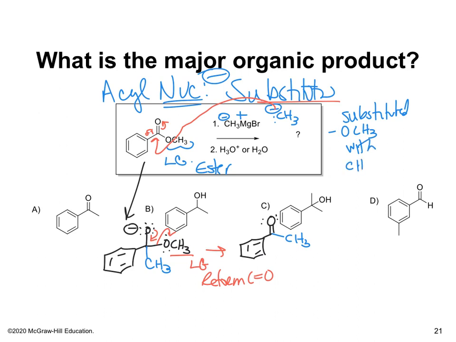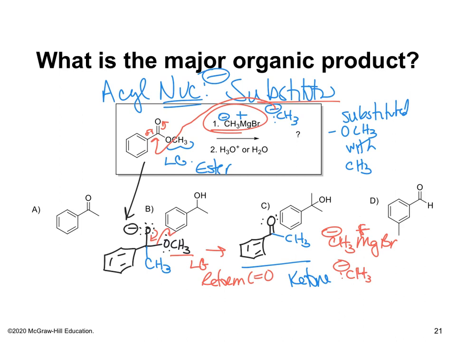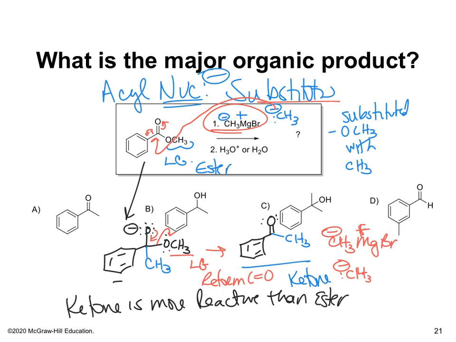And so now we've substituted the OCH3 with a CH3. Now, this is a ketone, and you still have this Grignard in solution. And this Grignard is going to be more reactive towards a ketone. So the ketone is more reactive than the ester. See? So here's your ester. This is more reactive.